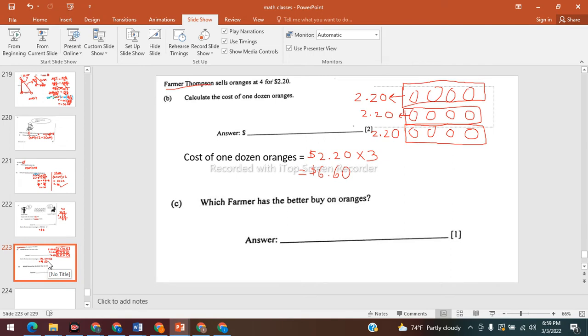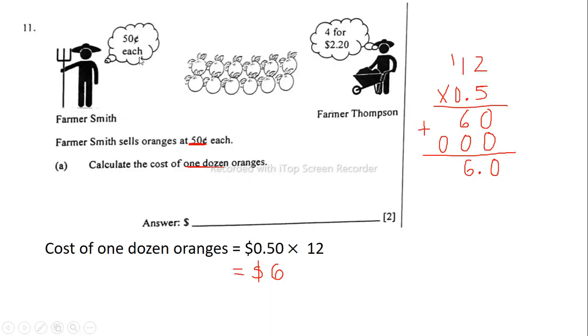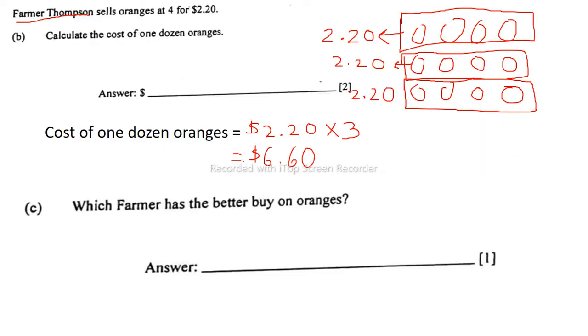So the better buy is Farmer Smith. Now, it may seem that Farmer Smith has higher prices, because you're saying I get a whole 4 for 220, but this man is charging me 50 cents for 1. Yeah, but he has the better buy.